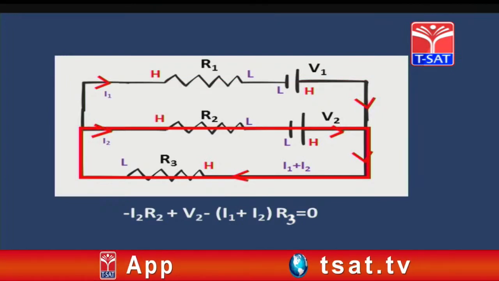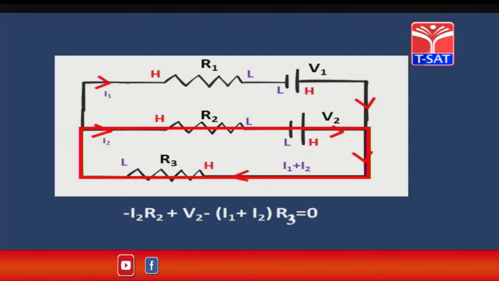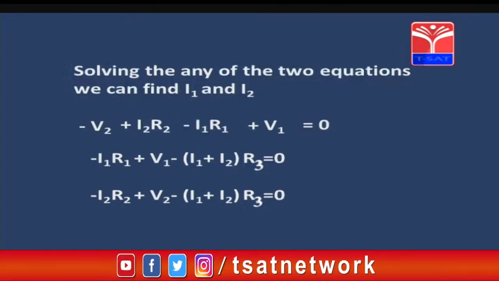Using another loop, we get another equation minus I2 R2 plus V2 minus (I1 plus I2) times R3, which gives you 0. Solving any of the two equations, we can find out I1 and I2. So, this is how we can use Kirchhoff's rules to find out the unknown values of currents in any network.